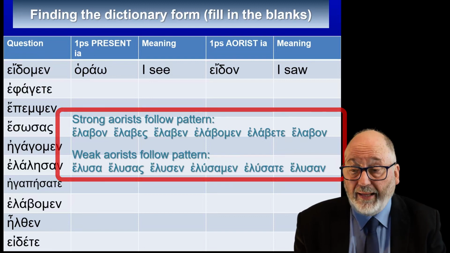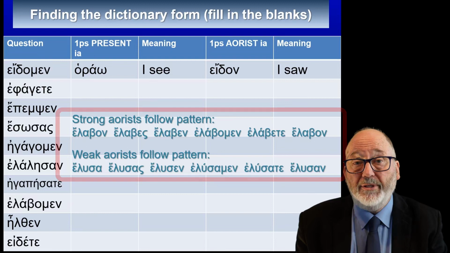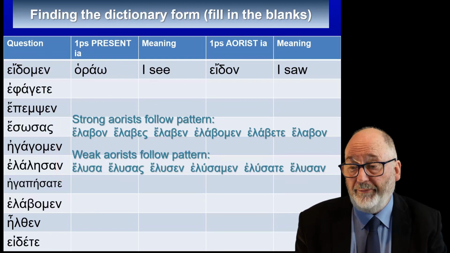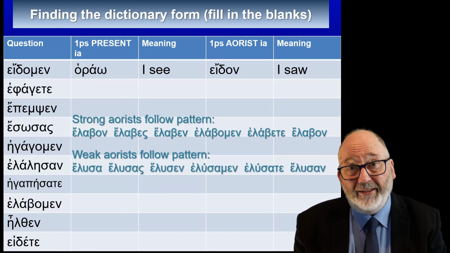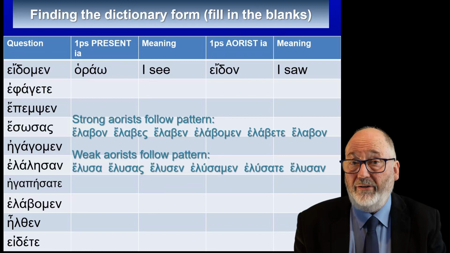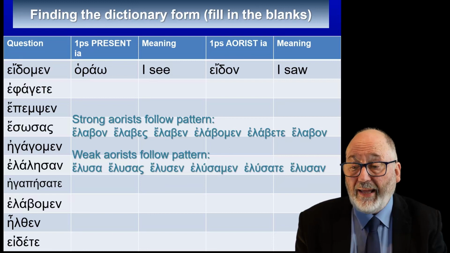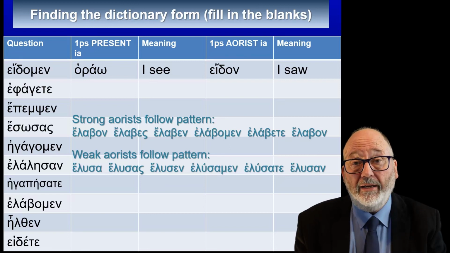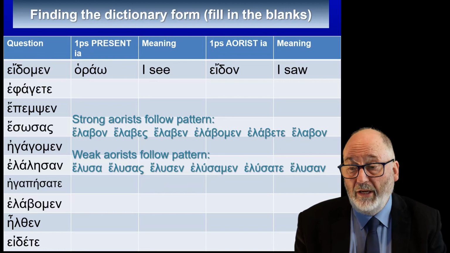Now, let's look at some of these verbs and see which pattern they are following. Well, we've got idomen, which is the verb ending that a strong aorist is going to use. We've got ephageti, which again is the ending a strong aorist would use. We've got epempsen.